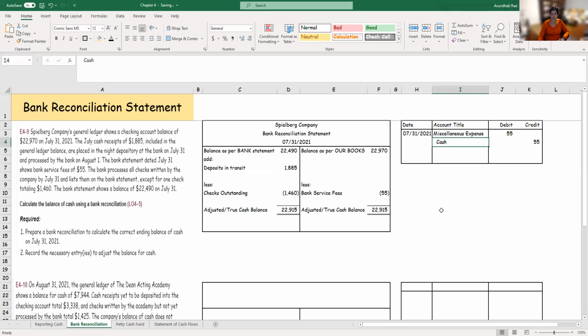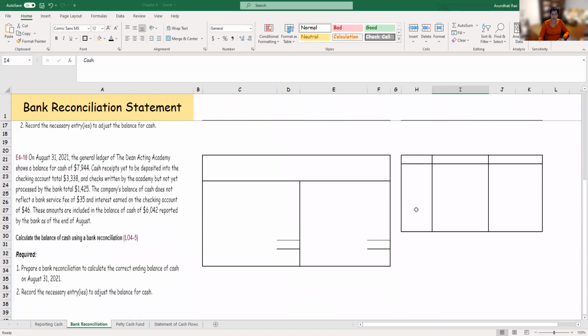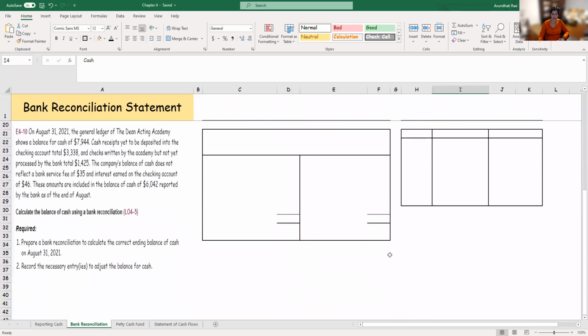So now that we're done with this exercise, let's take a look at the next exercise, which is very similar to the previous one. So let's read through the exercise real quick and then see how we would set it up. On August 31st, 2021, the general ledger of the Dean Acting Academy shows balance of cash of $7,944. So I know the name of the company.